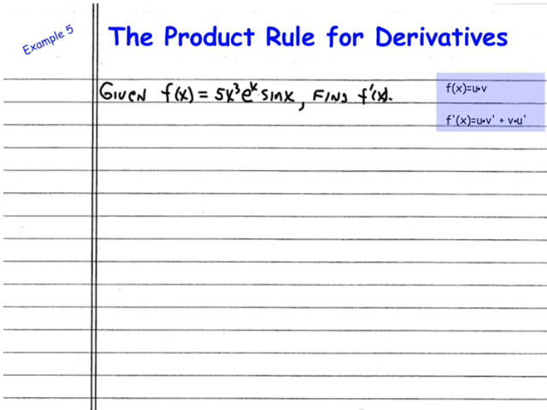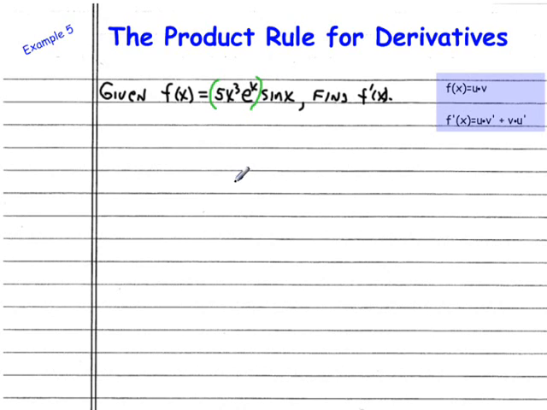Let me point out something that could be useful to you not only in this problem, but in many problems in the future. Suppose we thought about 5x cubed times e to the x as being one function.